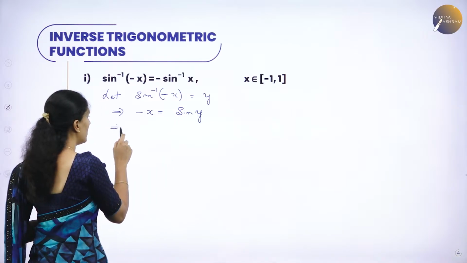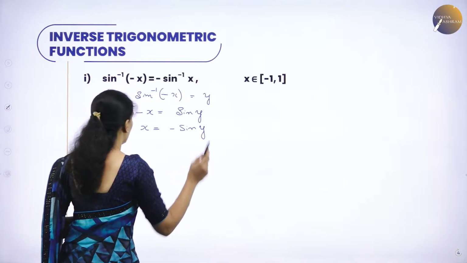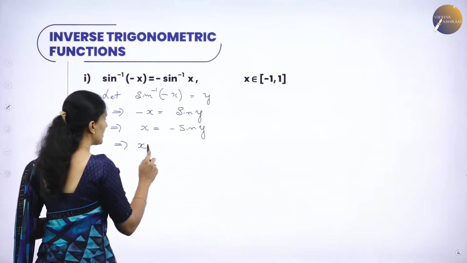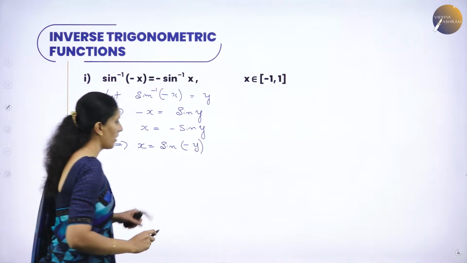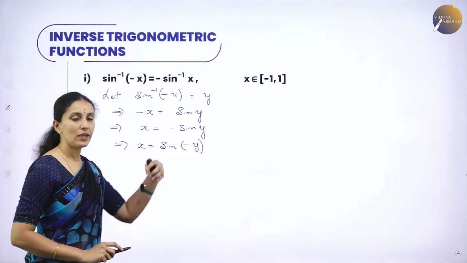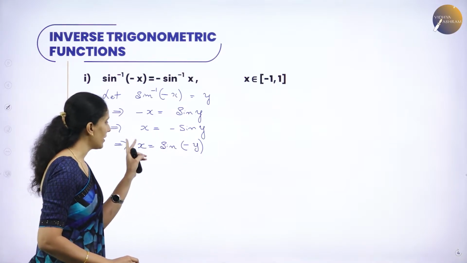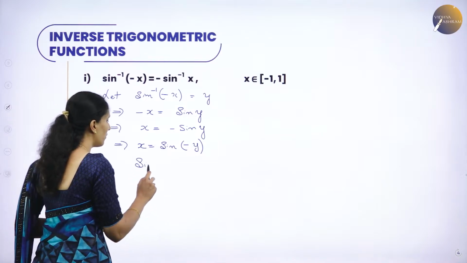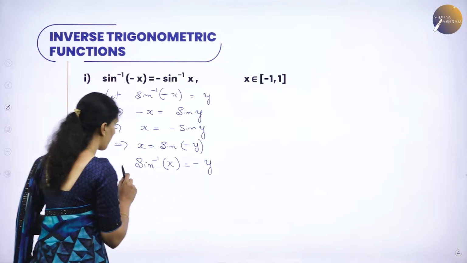Change the sign here, so then it becomes x is equal to minus sine y. And minus sine y can be written as x is equal to sine of minus y. Now, if x is equal to sine y, we can write y is equal to sine inverse x. Thus, I can write here sine inverse of x is equal to minus y.